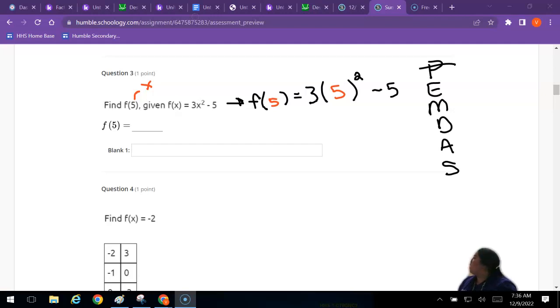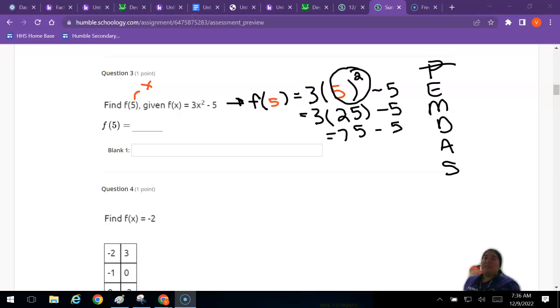Which number has the exponent? The 5, right? So I'm going to simplify that first. Good. Okay, so 3 times 25. 3 times 25, which is what? Think about quarters. 75 minus 5. Good. And then you get the answer and you put it here. All right. So that was for question 3.